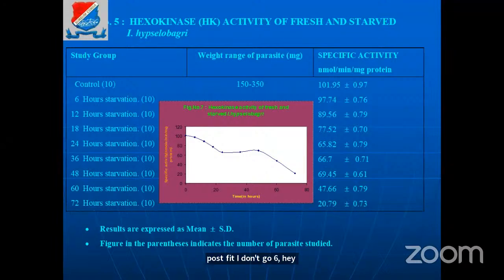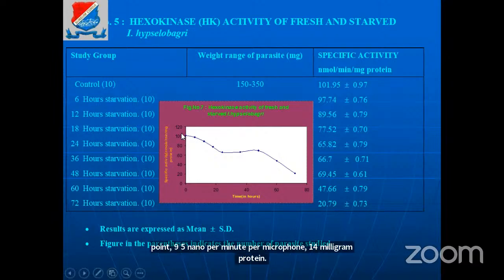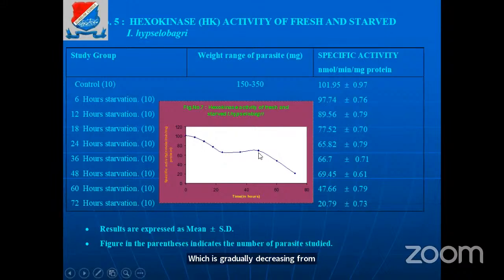Hexokinase activity varied between 101.95 and 20.79. In normal parasites, after collection, the hexokinase activity is 101.95 nanomole per minute per milligram protein, which gradually decreases in this graph. You can see this decreasing hexokinase activity with the increasing starvation period. That means hexokinase is being utilized during the starvation period for breaking down glucose.